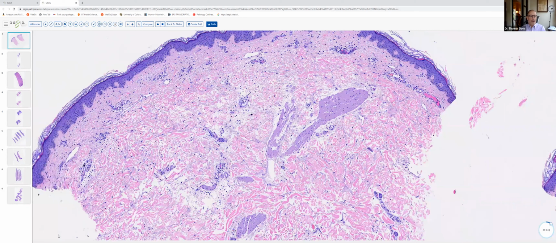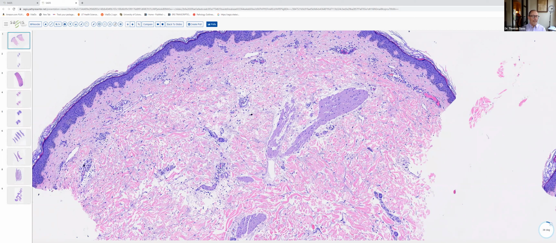Now, as we move into higher power, we can see that the infiltrate, like I said, is sparse. It's centered around vessels of the superficial and deep plexus, but there's a little bit of an interstitial component. You can see the inflammatory cells starting to intercalate between the collagen bundles in the dermis.